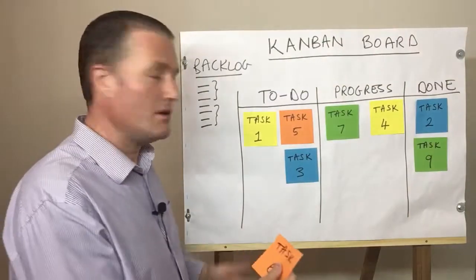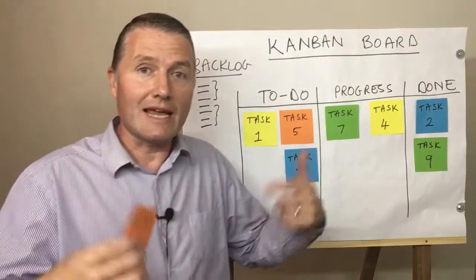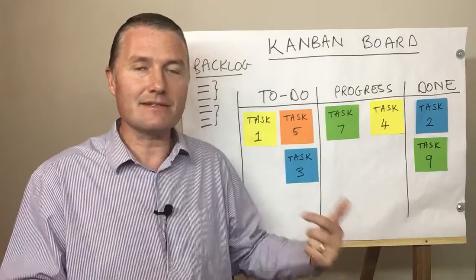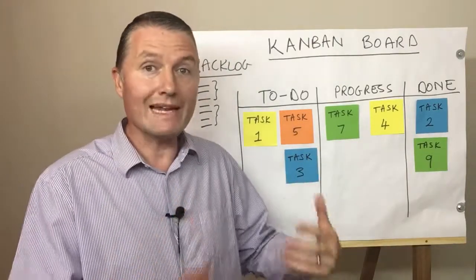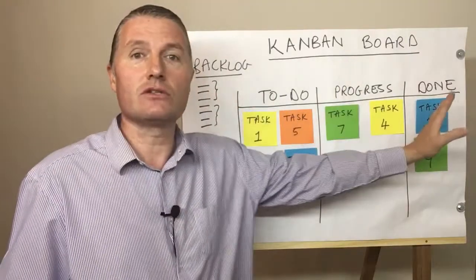And as you go, as we call it, rinse and repeat, you just consistently hold the stand-up meeting and review your Kanban board on a weekly or regular basis. And remember, there could be a digital version of this.